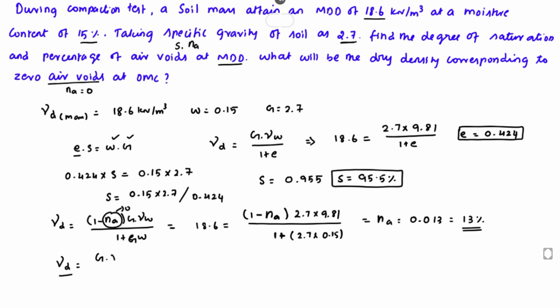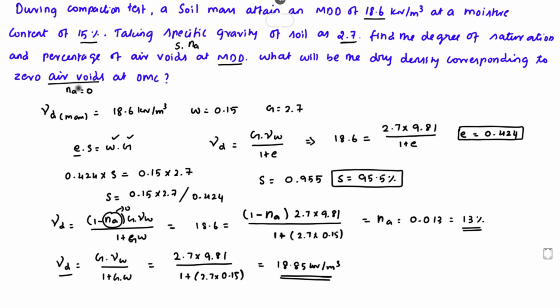Now the formula is gamma d equals G into gamma w divided by 1 plus G into w. Substituting all the values: 2.7 into 9.81 divided by 1 plus 2.7 into 0.15. Now we get the value of 18.85 kilonewton per meter cube. So this is the gamma d value when the air voids are 0. This is the method we can solve the problem.